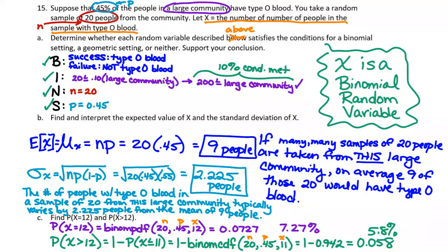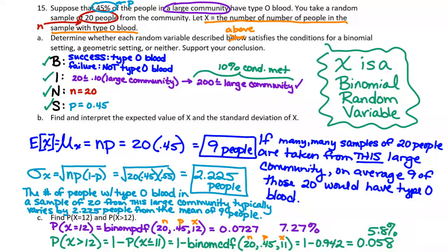Yep, I put it in my calculator. So that's where you put in the binom CDF. Second vars, and you scroll down until you see binom CDF. You'll have to open up parentheses and then do 20, comma, 0.45, comma, 11.